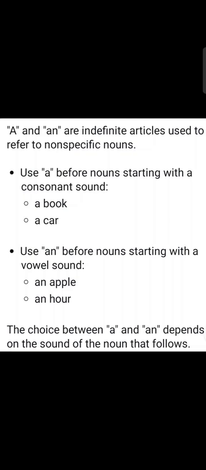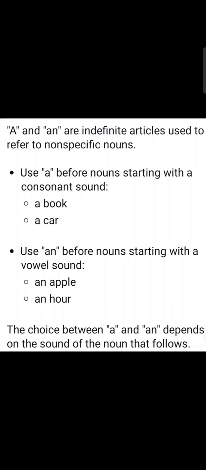Again, don't be mistaken, the word university starts with a vowel letter, but the sound of the word university is starting with the "yu" sound. So because of the "yu" sound, that is a consonant sound, a will be placed before university. I hope everything is clear now.